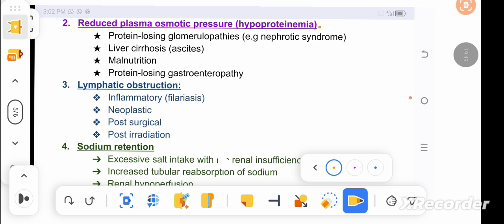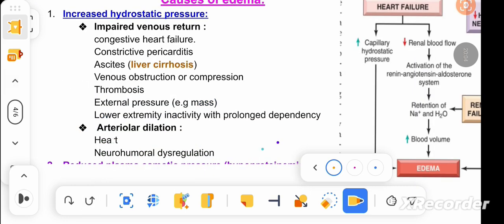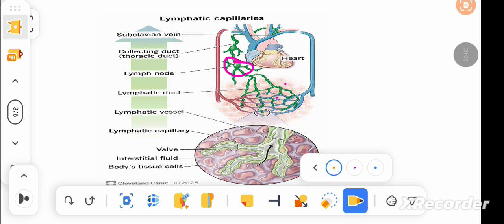And then, apart from these causes, that is increased hydrostatic pressure and reduced plasma oncotic pressure, we have lymphatic obstruction. In this diagram here, we saw that the lymphatic system drains the excess fluid back to the blood circulation.